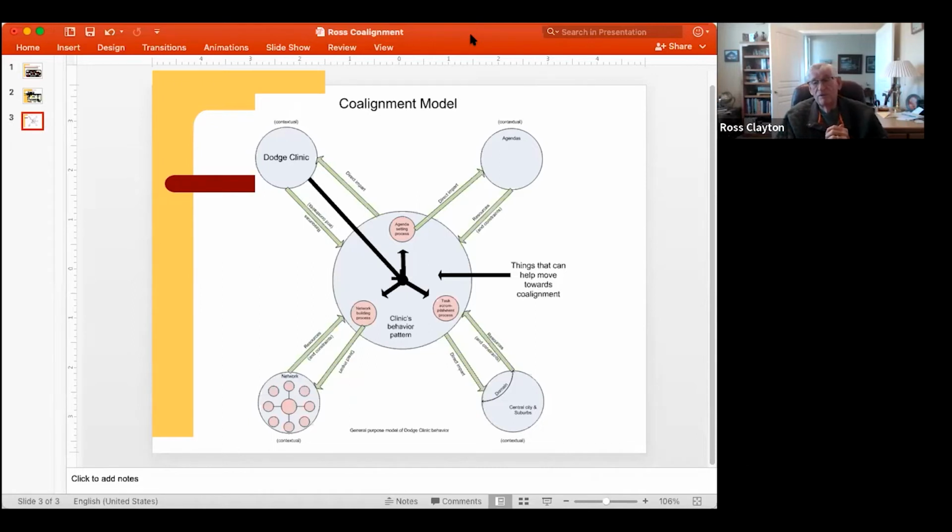Okay, so here's the model, and the contextual variables in this one. Let's start talking about the School of Public Administration as being in the context, the organization. The agenda would be the school's goals and objectives.